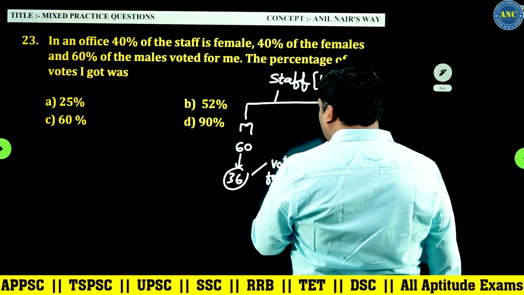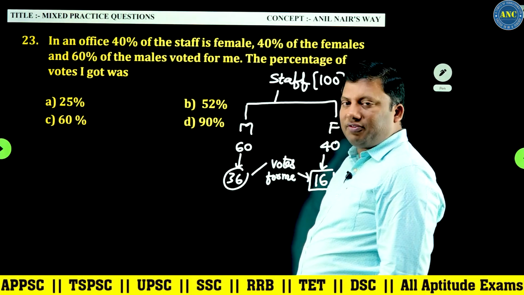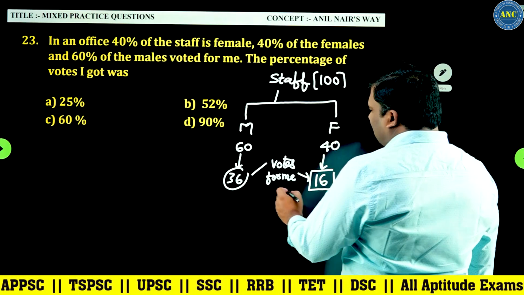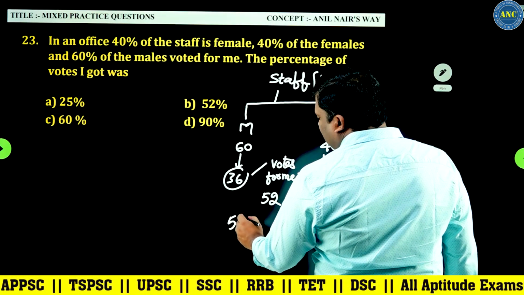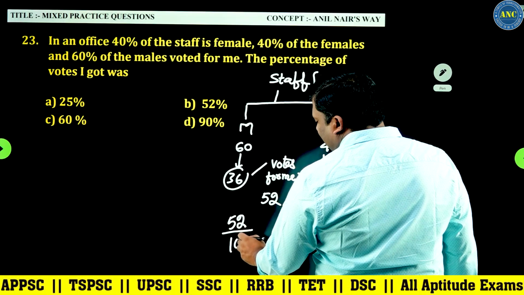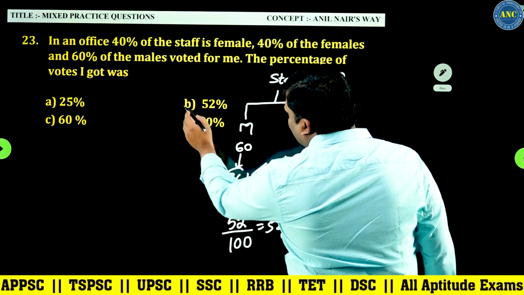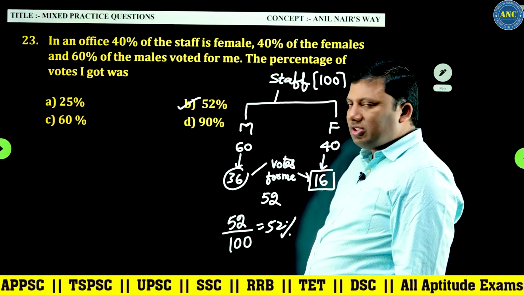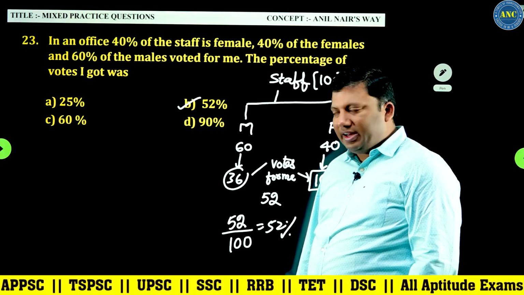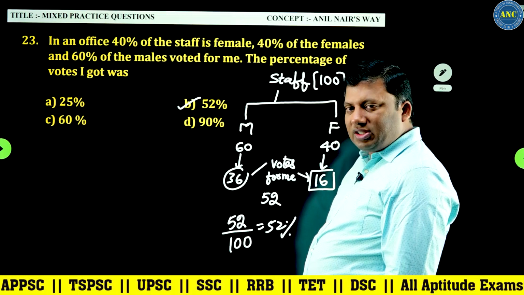Total 52 votes are there. What percentage of total votes did I get? Out of total votes, 52 by 100. The answer for this question is 52%. Idea clear? I hope the concept is clear.